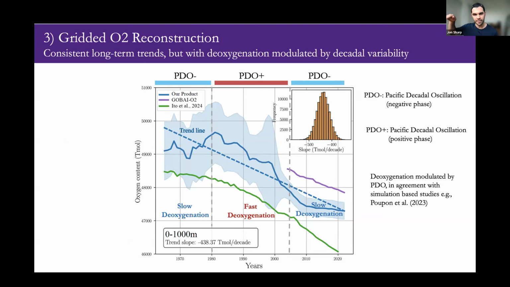But you see a slowing down toward the end of the time series. I didn't catch if you were doing any adjustments to Argo oxygen measurements or if you had any thoughts about that tailing off of the deoxygenation.